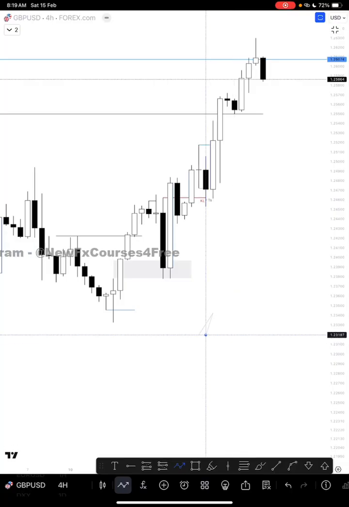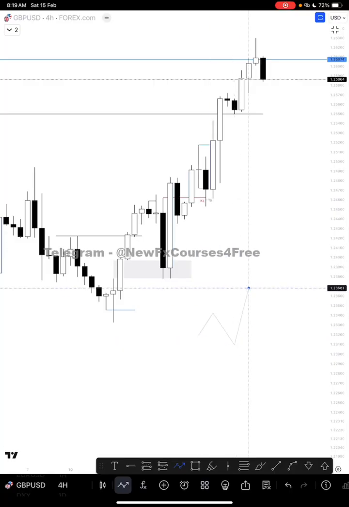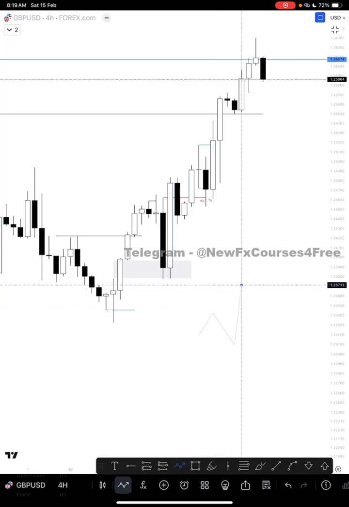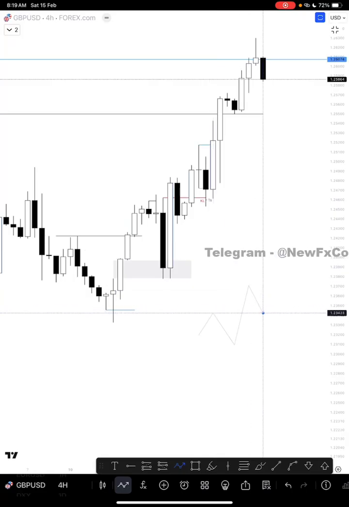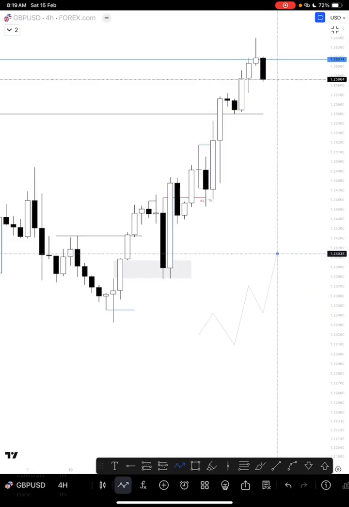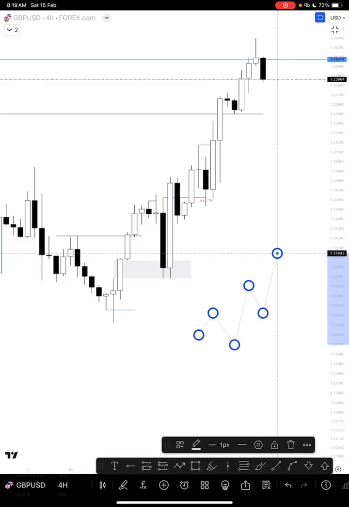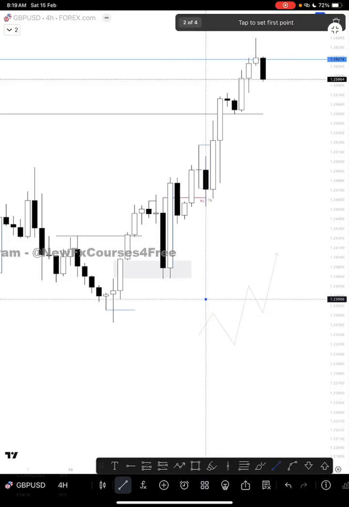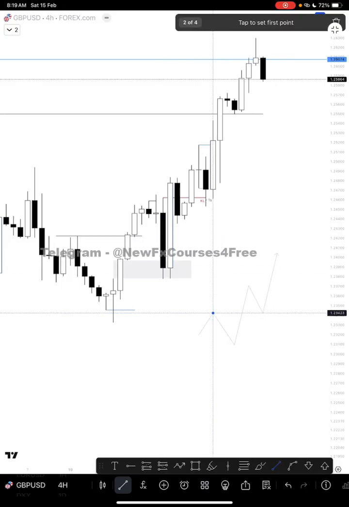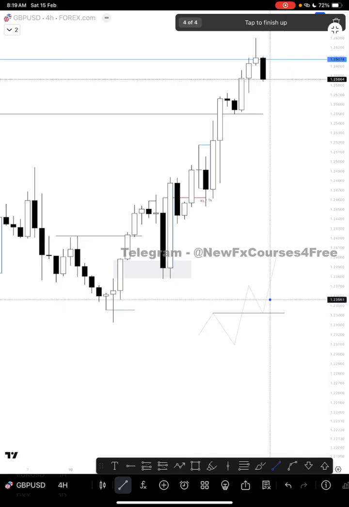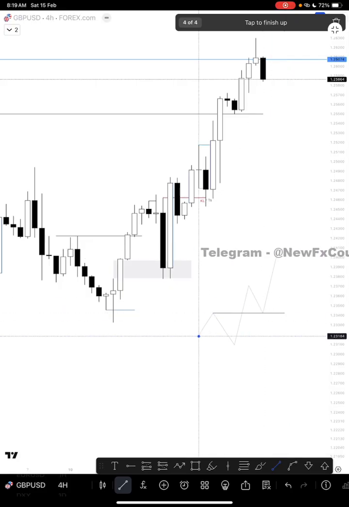So sweeping this low, breaking above this high, retracement back to this high, then expansion higher. So yeah, this is your breakup block.